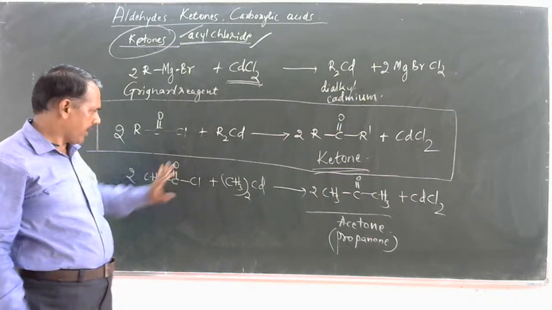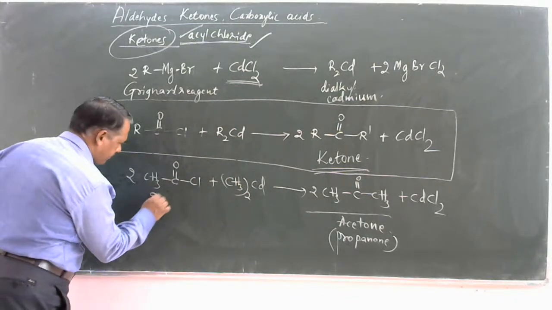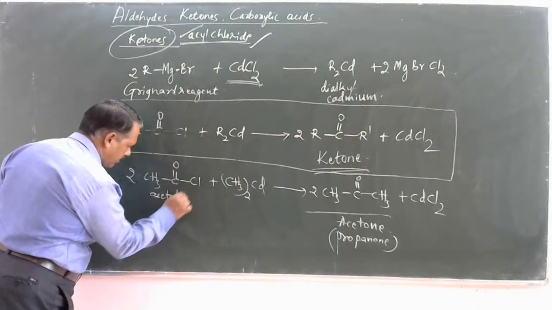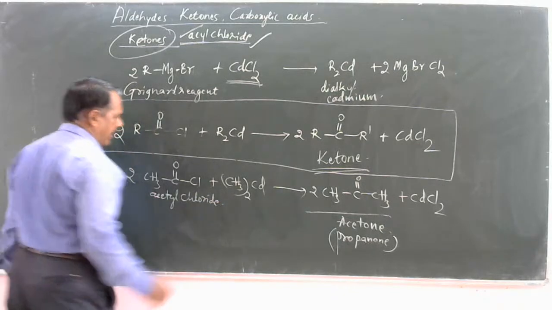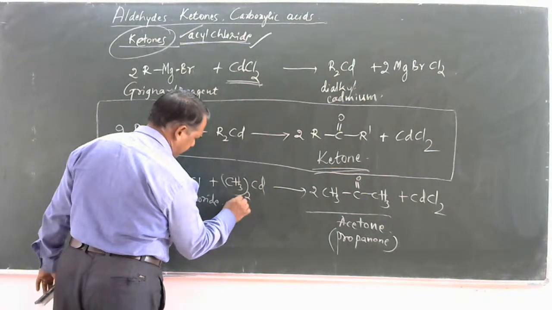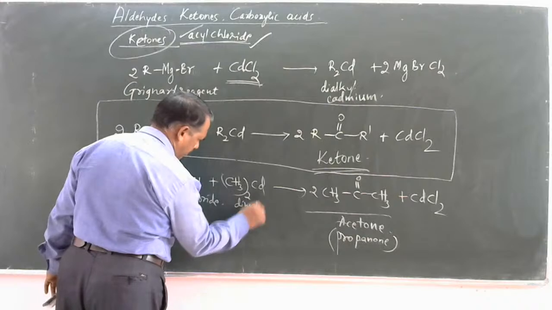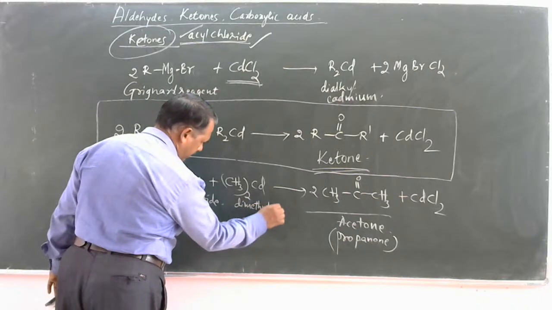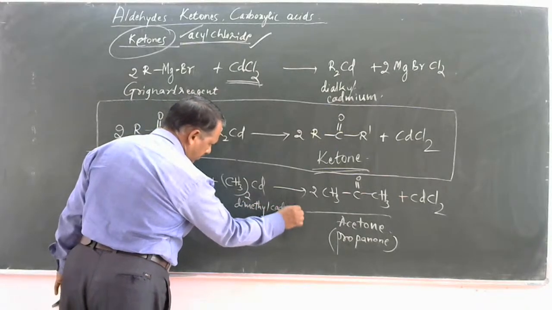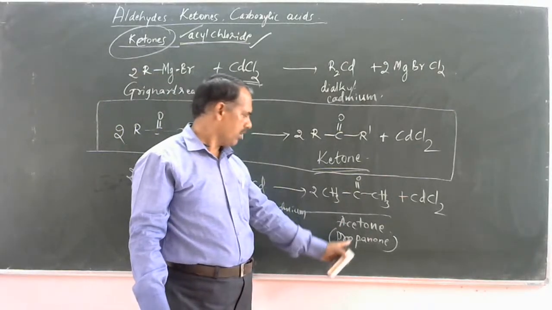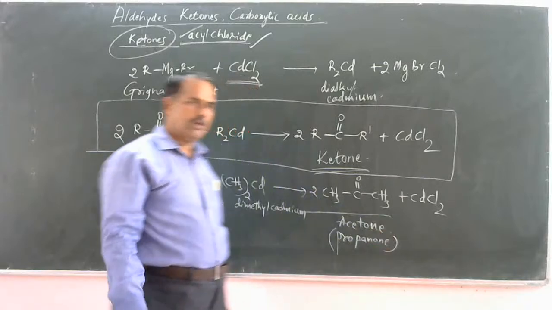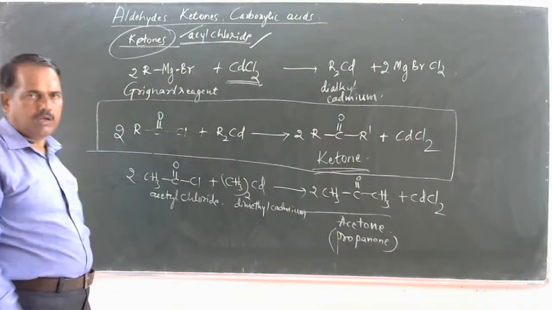Particularly, acetyl chloride reacts with dimethyl cadmium to form acetone or propanone. Are you clear? A very simple reaction. You can easily remember.